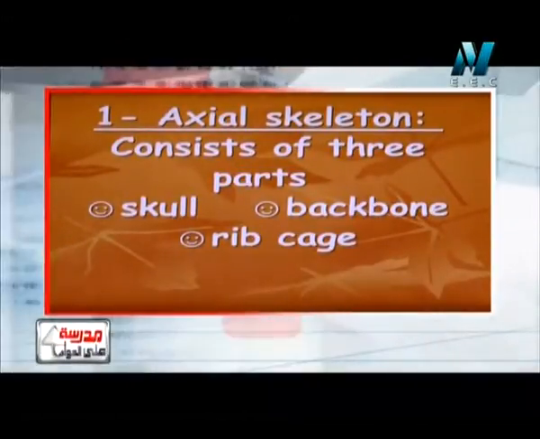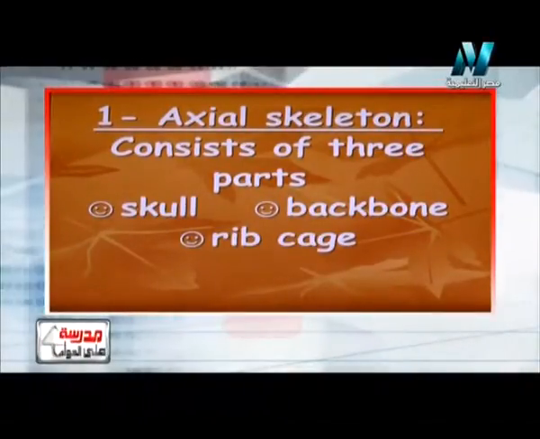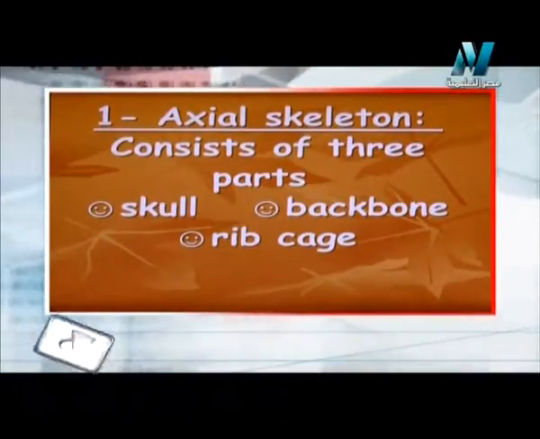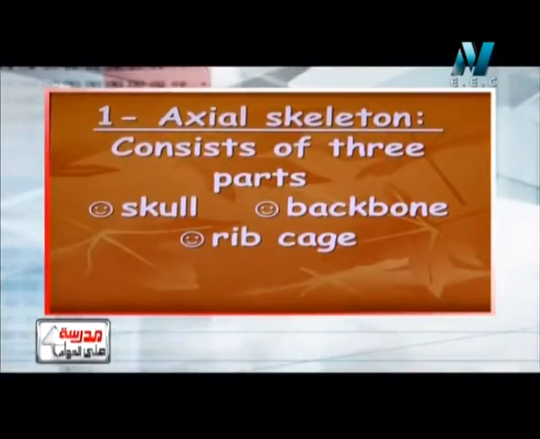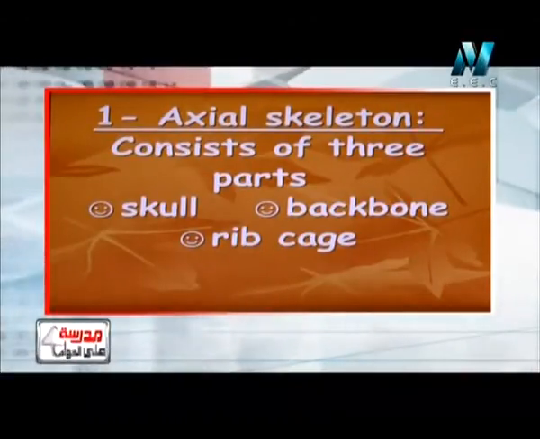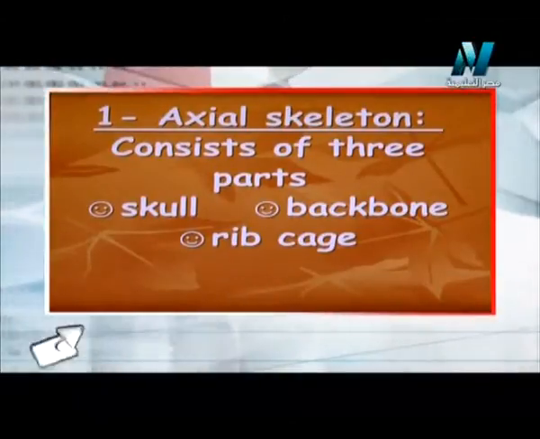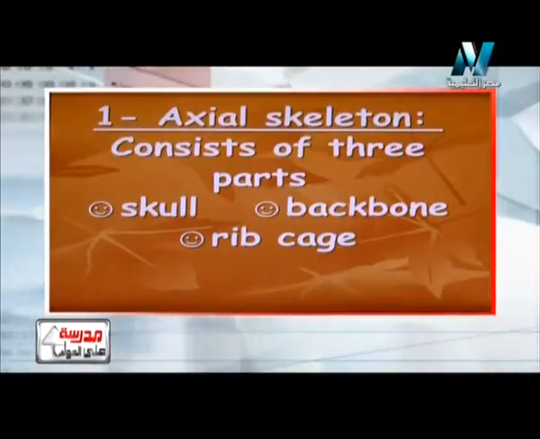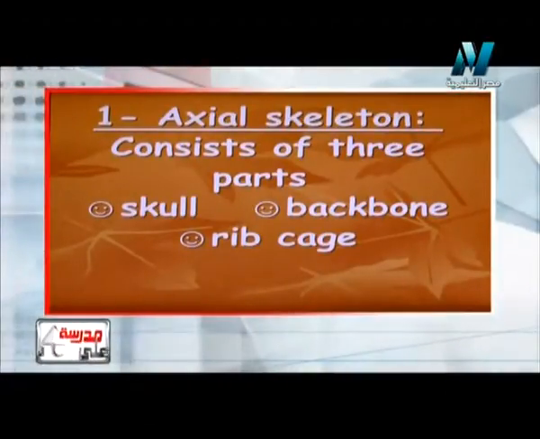Axial consists of three parts: skull, backbone, which is also called the vertebral column, and rib cage. So we have three parts in the axial skeleton: skull, backbone and rib cage.